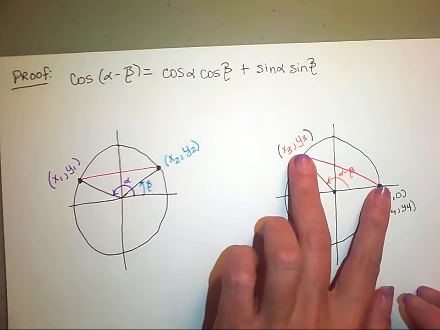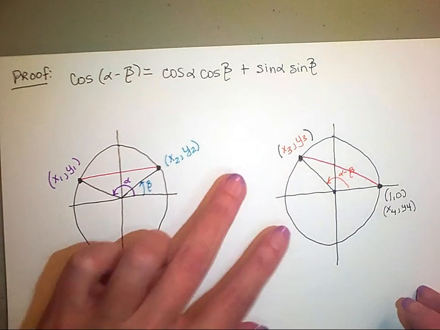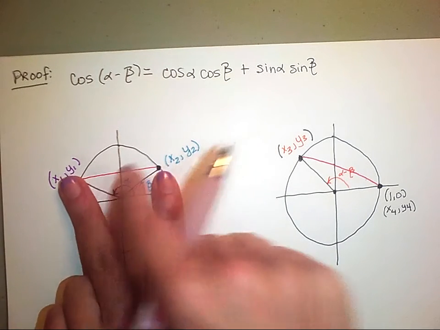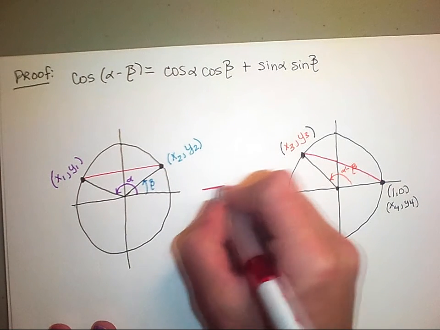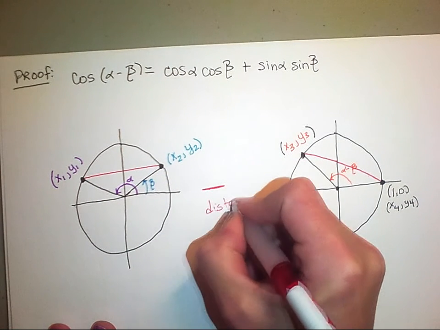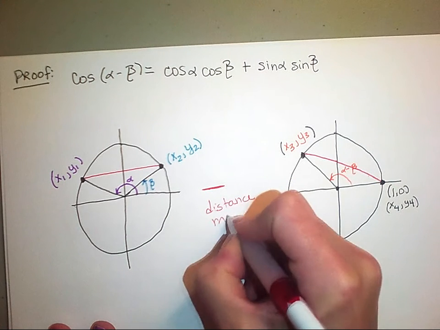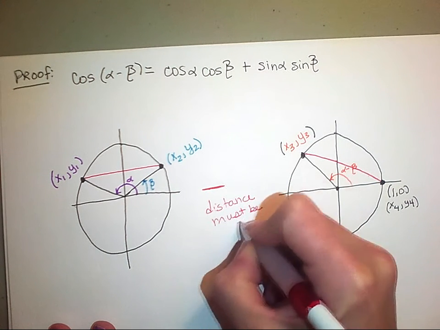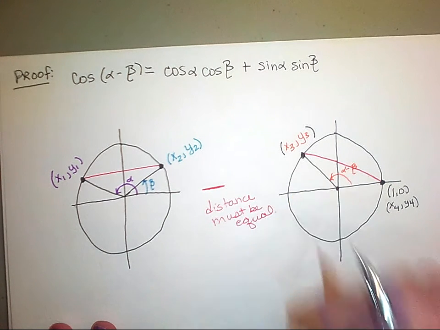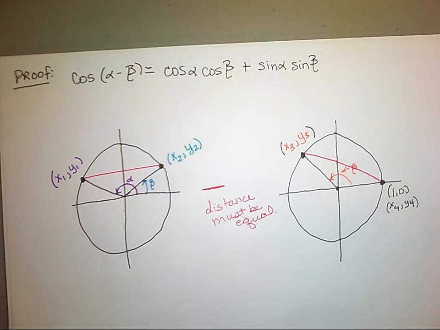So the key is, here's alpha minus beta, there is some distance here. I shift and rotate it around, keeping this distance equal. So this red distance must be equal. That's going to allow us to set up an equation here in a minute.